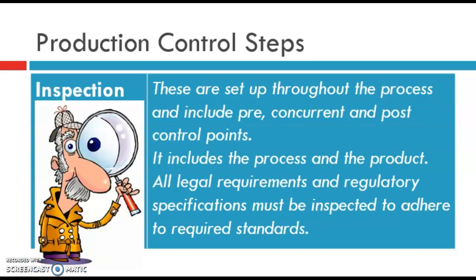And then we're going to talk about inspection. So these are set up throughout the process, and they do include pre, concurrent, and post control points. It includes the process and the product both at the same time. All legal requirements and regulatory specifications must be inspected to adhere to the required standards.